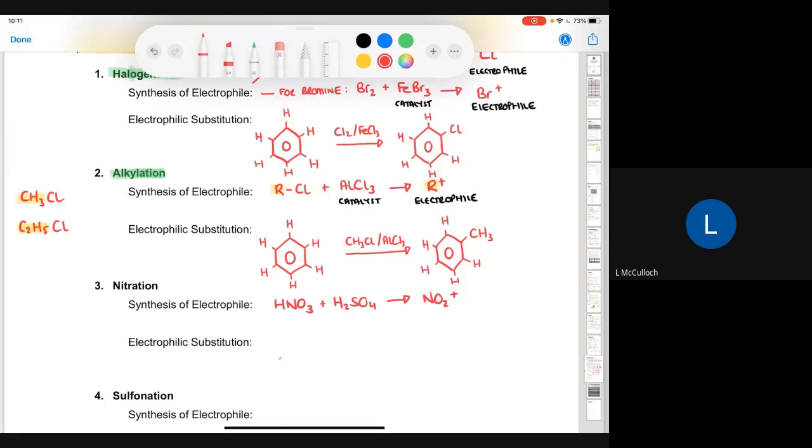And then it's simply a case of substituting that NO2 for a hydrogen atom. Like so.